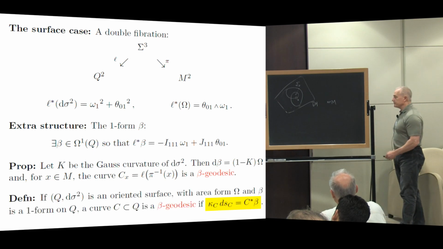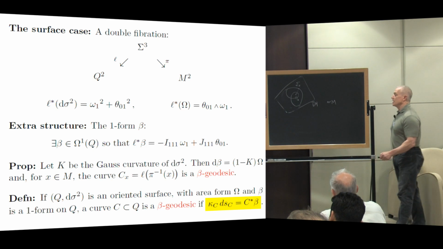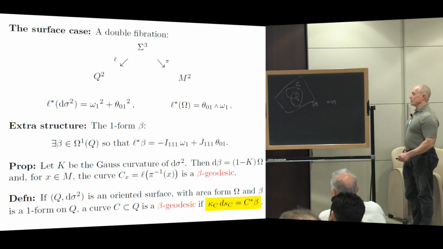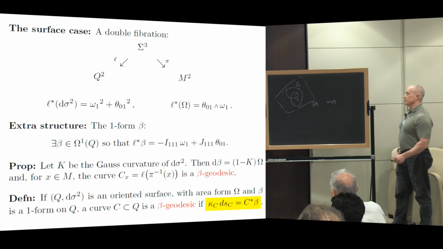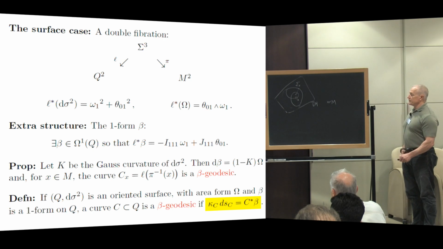And what do I mean by that? If you take an oriented surface with an area form and you have beta as a one form on the surface, you say that a curve sitting in Q is a beta geodesic if its curvature times arc length is the pullback to the curve of beta.